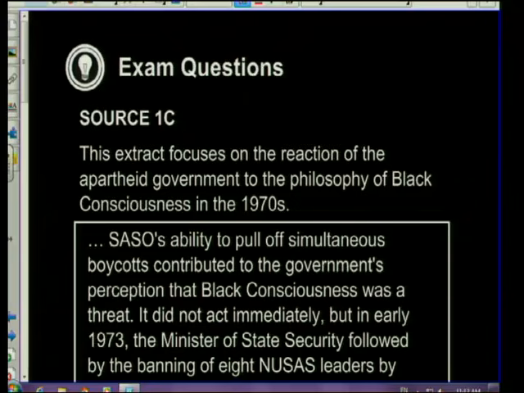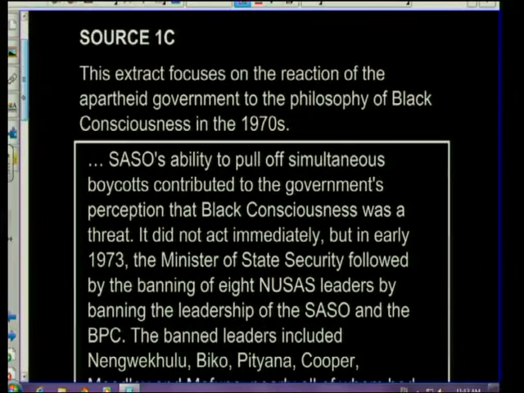Moving on to the next source, 1C. This extract focuses on the reaction of the apartheid government to the philosophy of black consciousness in the 1970s. So basically telling us how the apartheid government reacted to the black consciousness movement.